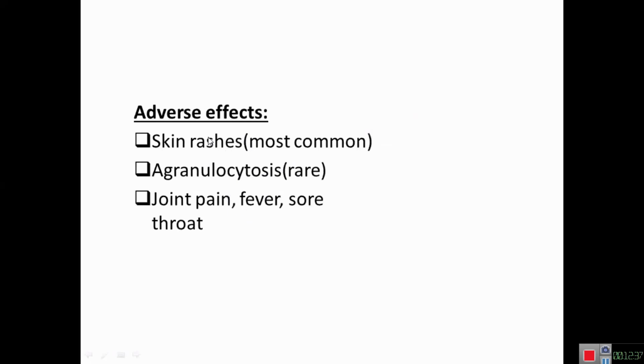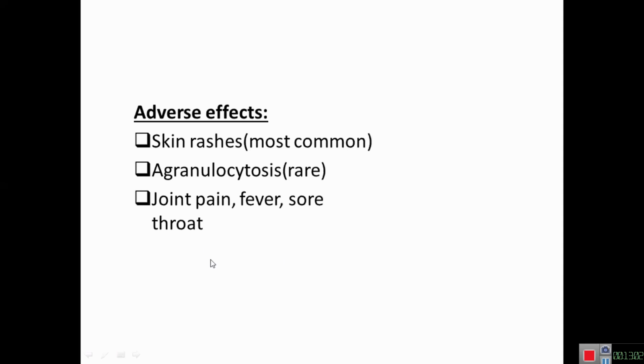The most common adverse effect of the hormone synthesis inhibitors is skin rashes, and a rare but dangerous side effect is agranulocytosis. Some patients also experience joint pain, fever, and sore throat. Additional adverse effects of propylthiouracil are hypothyroidism as well as goiter.